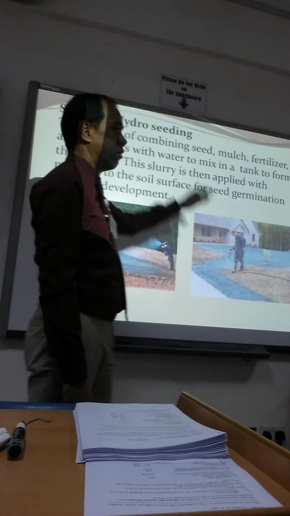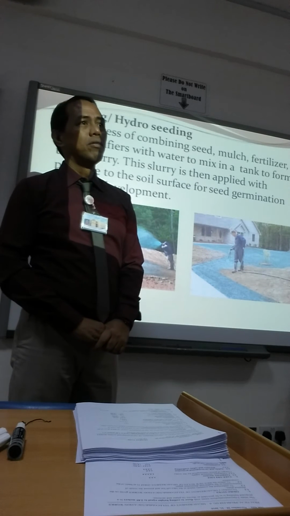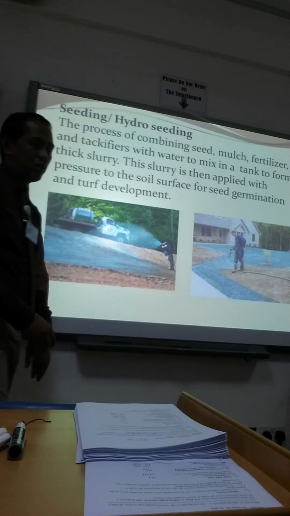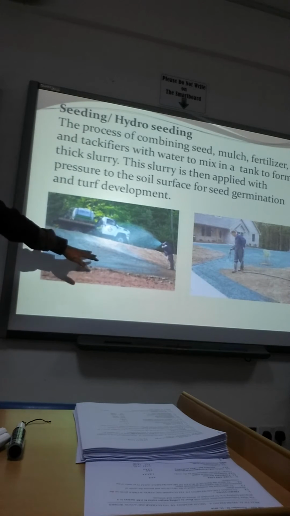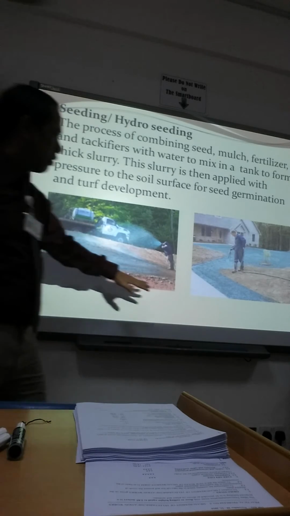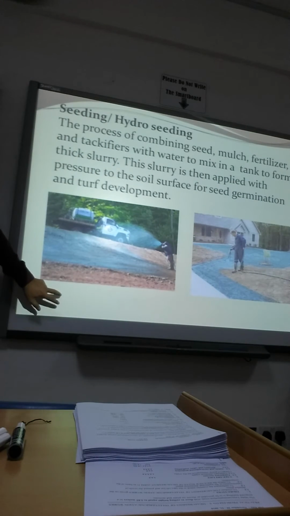Because sometimes seed alone will not grow without fertilizer, without compost and without tackifiers. It must be a combination of all together with water. As it is shown here in the image, it is sprayed on a sloping ground or on a flat ground. It depends.